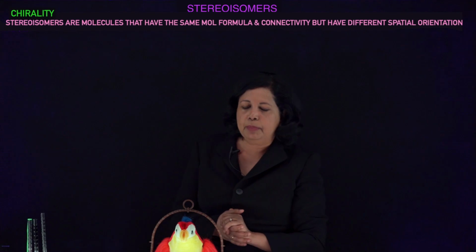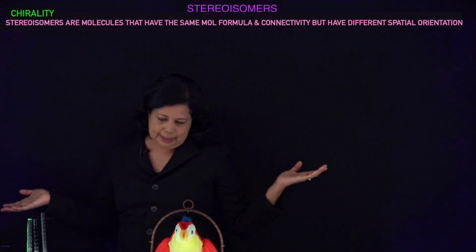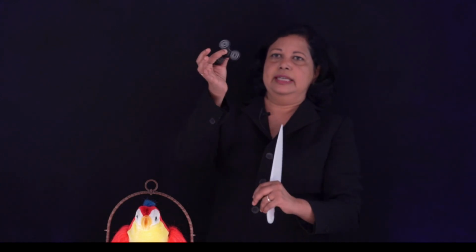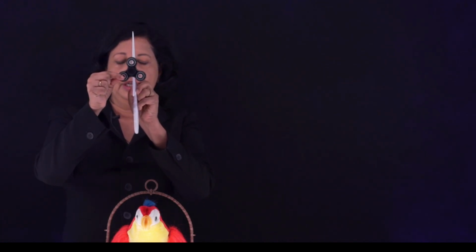So we have a plane of symmetry test, you could say. Let's take this object, for example. Is this going to have a mirror plane of symmetry? How can we tell? Well, pretend you have a knife and cut it in two. You get exactly two equal halves. That's a plane of symmetry.